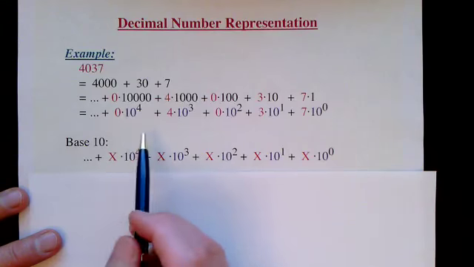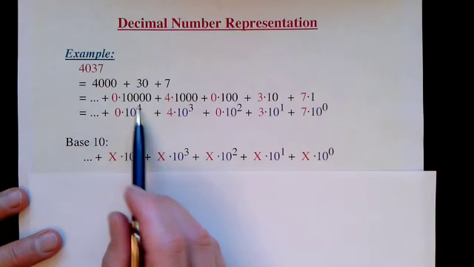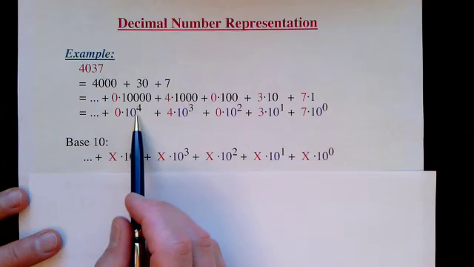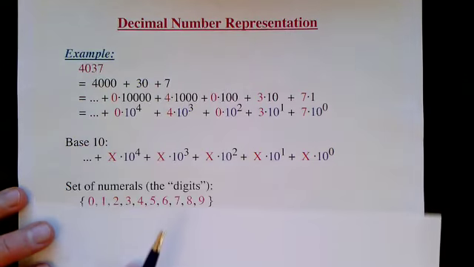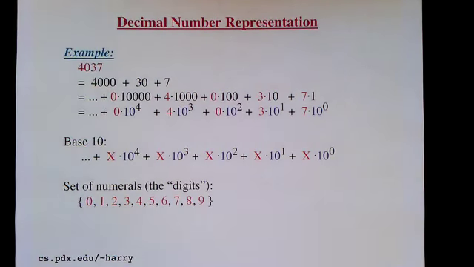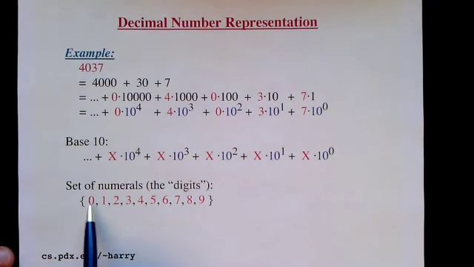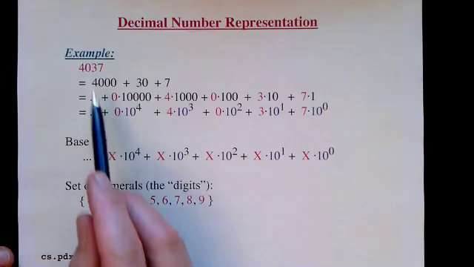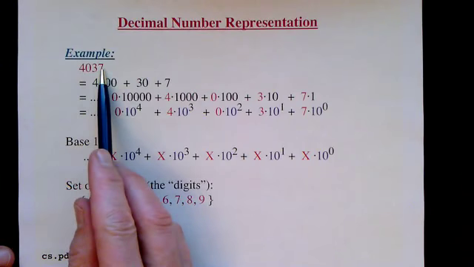So these are decimal numbers, and that's why we use 10 as our base. In the decimal number system, we have exactly 10 digits, 0 through 9. And so in red, you see the actual digits.